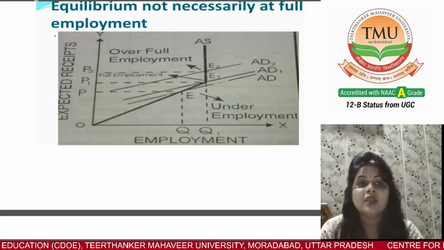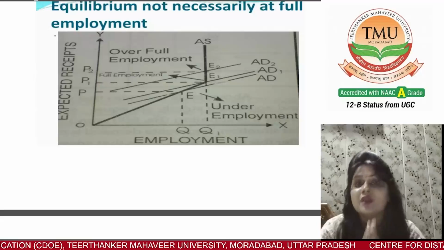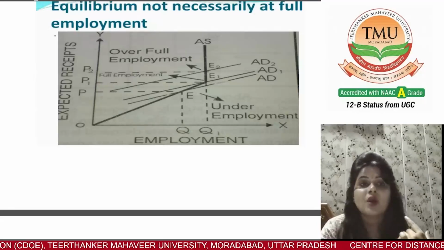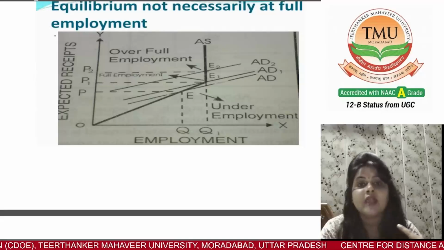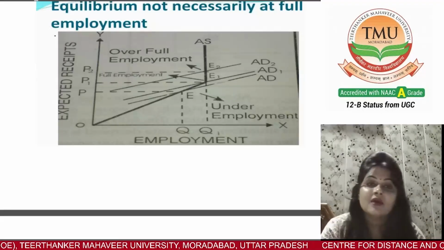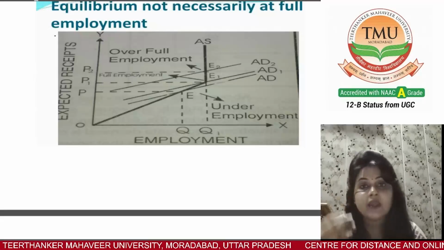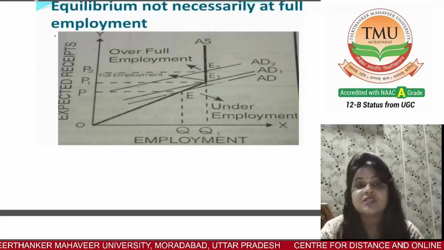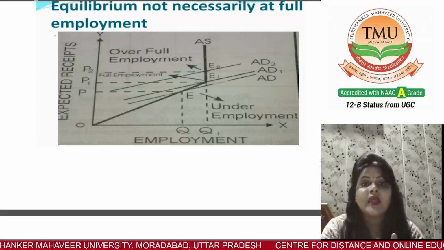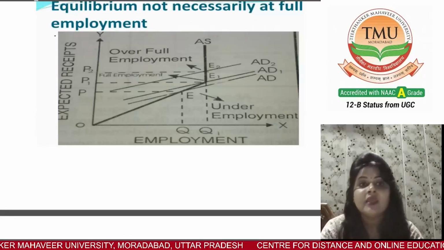So we may conclude that the importance of the principle of effective demand lies in pointing out the cause of unemployment. We can say after discussing the theory that unemployment is caused by the deficiency of effective demand, and it can be removed by an increase in consumption expenditure and investment expenditure.